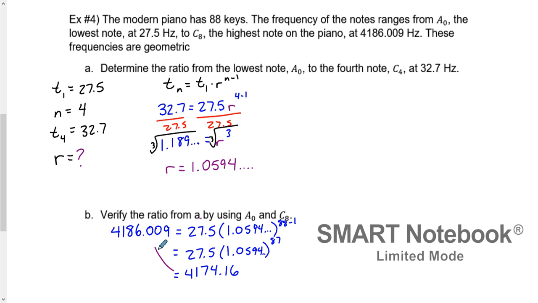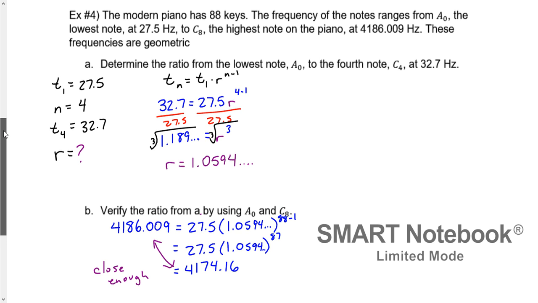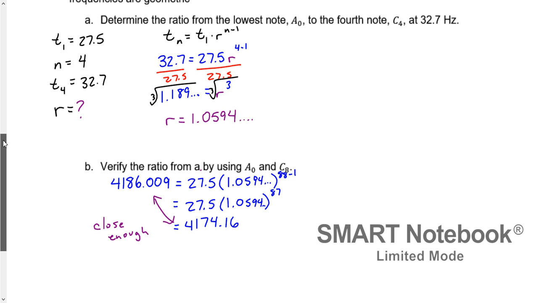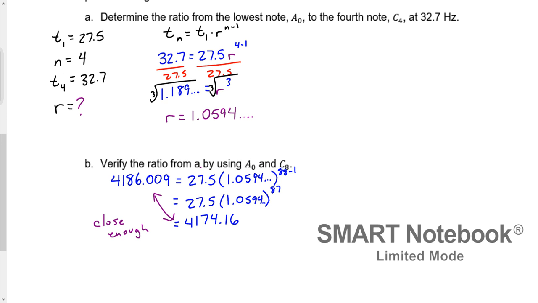So is this. So these two really are close enough. They are only, what, 12 away from each other? 12 hertz away, which is not a huge difference. So we're good. All right. That allows you to go have some fun.